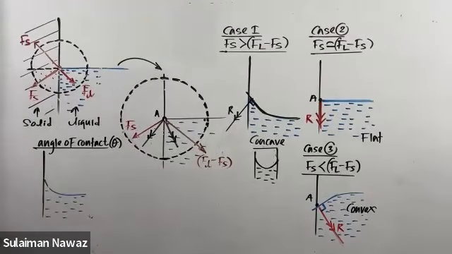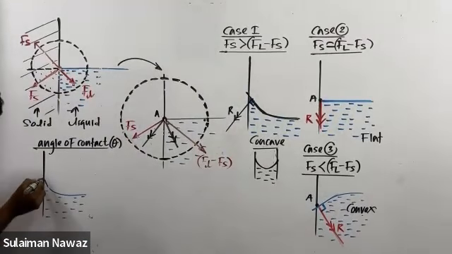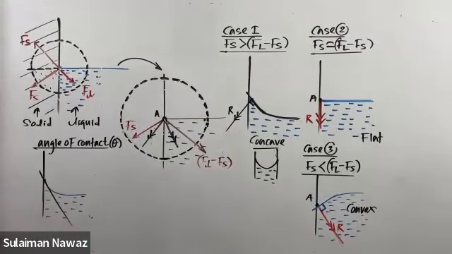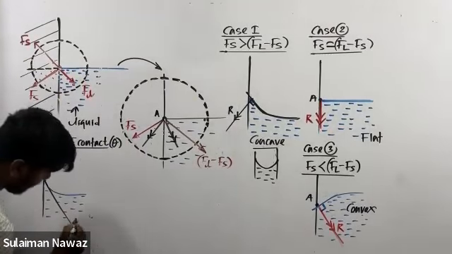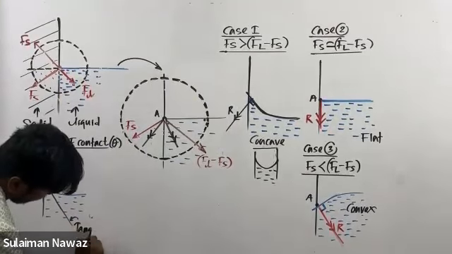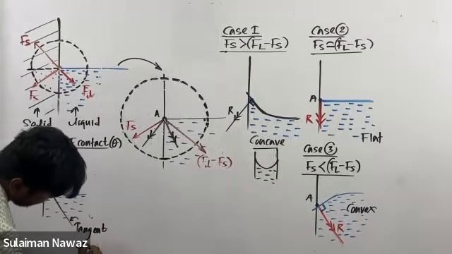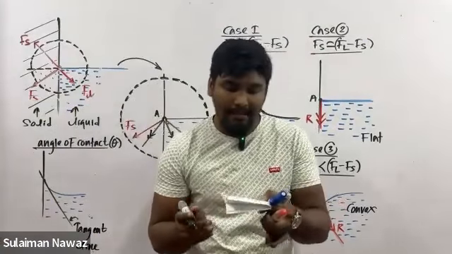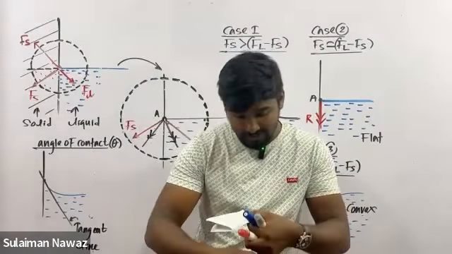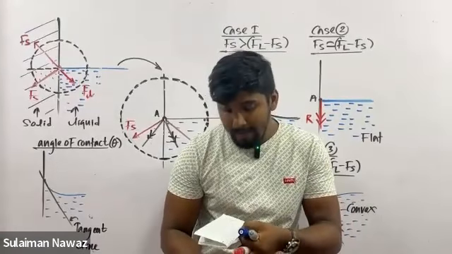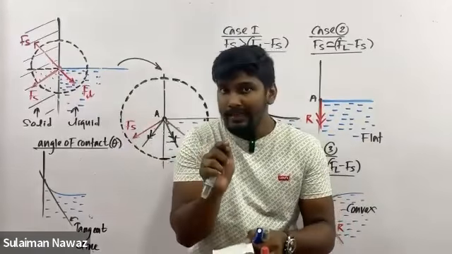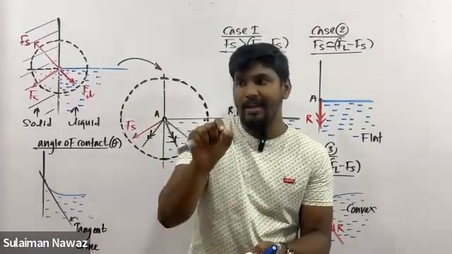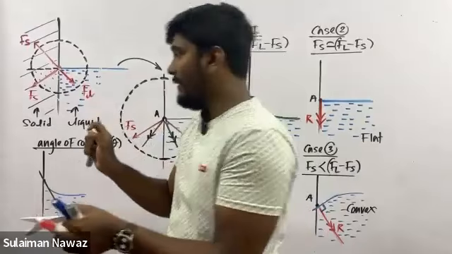If I draw a tangent line to the liquid surface which touches the solid wall, this is my tangent line. The angle made by the tangent to the free liquid surface with the solid is measured through the liquid. This angle must be measured from the solid to the tangent line.